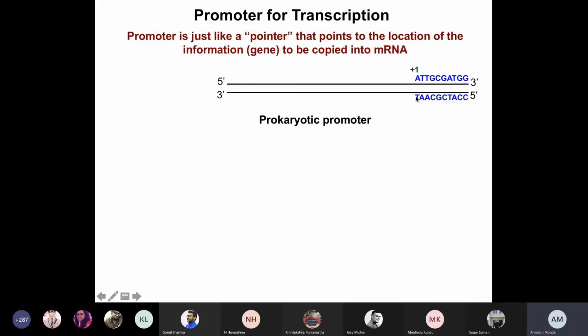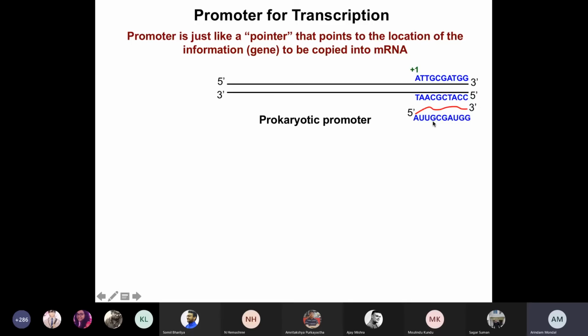It will read each of these nucleotides and will incorporate the complementary nucleotide in the nascent RNA strand. So if there is a T, it will incorporate A. If there is an A, it will incorporate U. If there is a C, it will incorporate G, and so on.